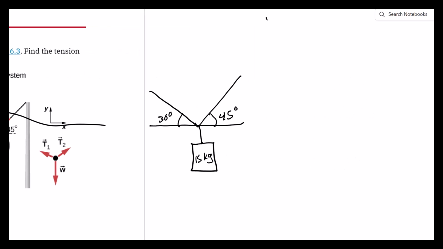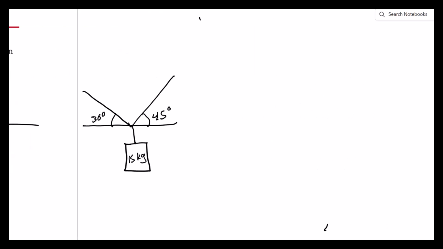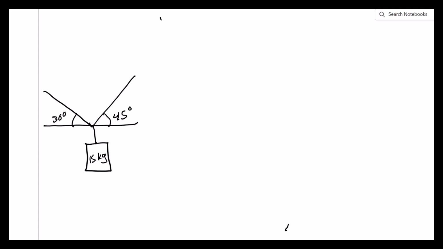Now, I'm going to do something really important. There's a couple of things going on here. There's this wire, and this wire, and this wire, and there's a box. In theory, I could draw a free body diagram of this knot, and then a free body diagram of the box.